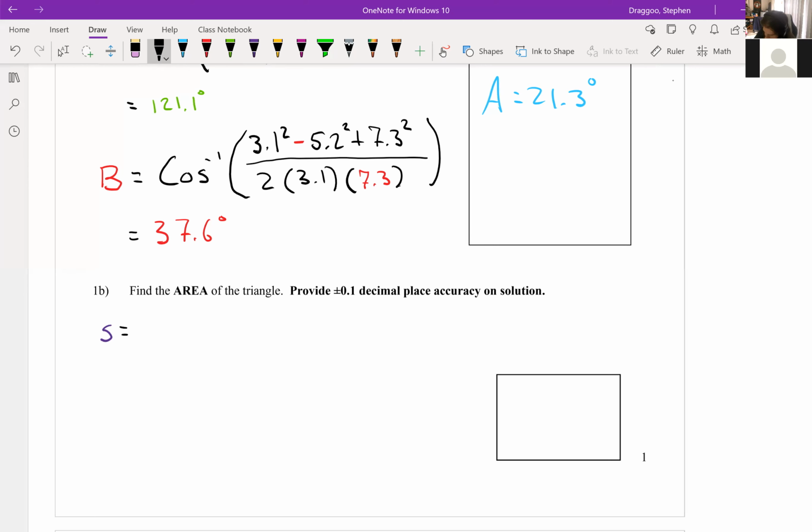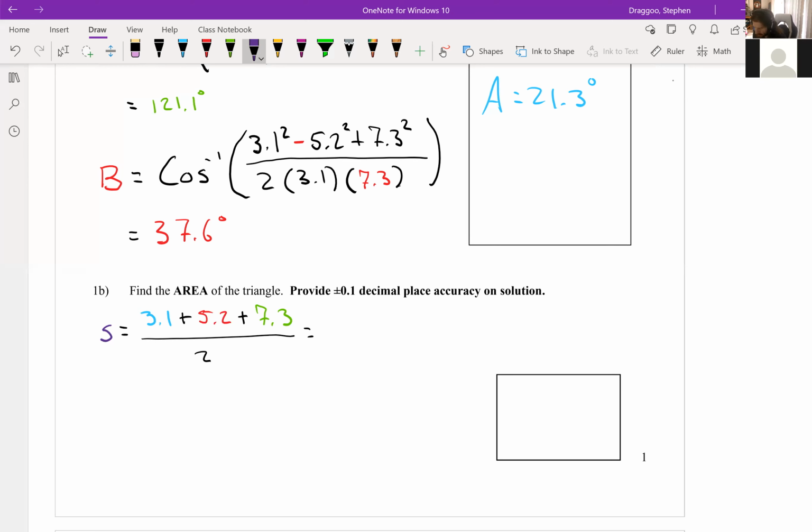So that semi-perimeter should be 3.1 plus 5.2 plus, hey, 7.3, all over 2. What happens if we plug that in?